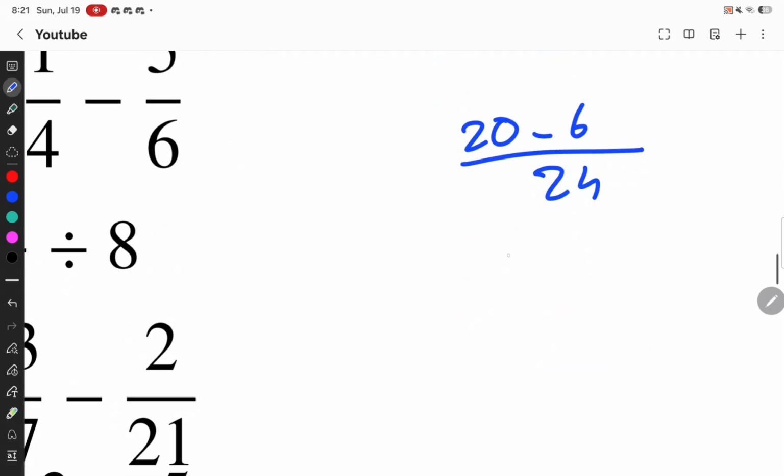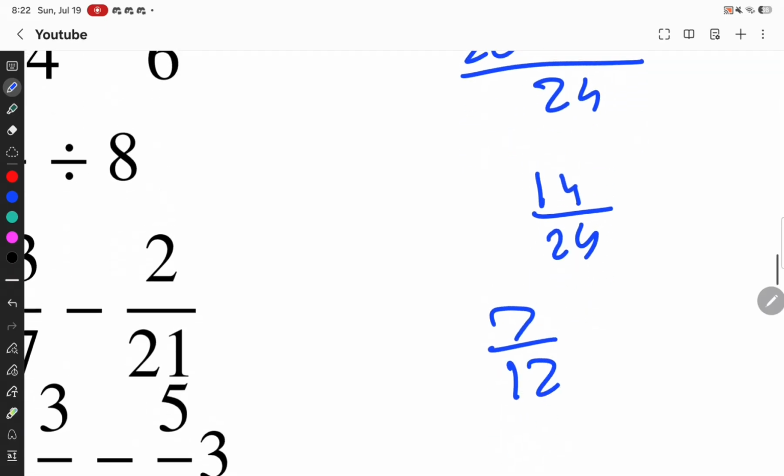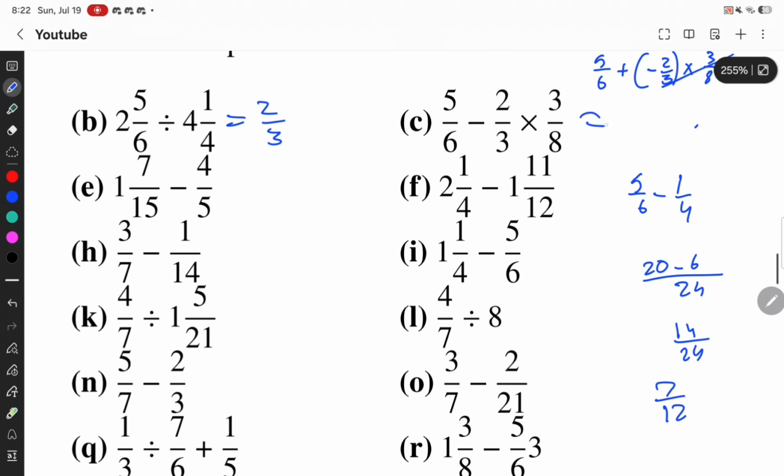This equals 14 over 24. We can simplify this to be what? 7 over 12. Sorry, not 17, 7 over 12. Voila, this is our answer.